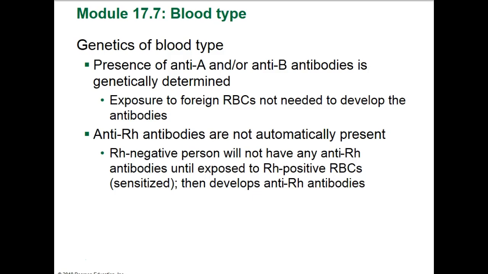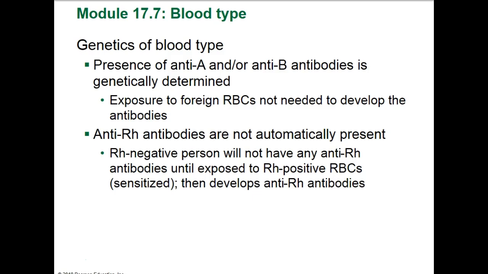Okay, genetics. It is determined by the genes that you get from the mother or father. Exposure to foreign red blood cells is not needed to develop the antibodies. Your body already has them for the most part. But anti-Rh antibodies are not automatically present.